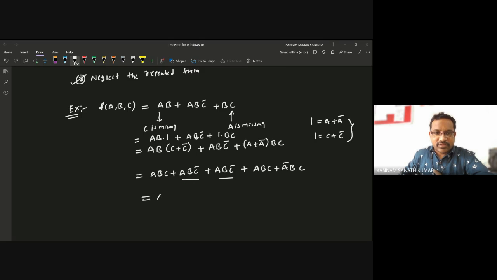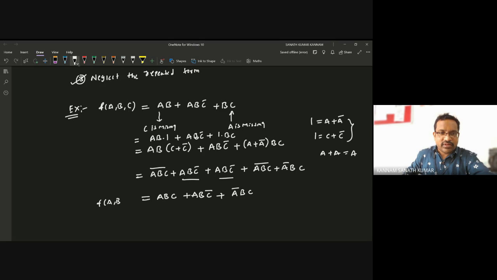This means here you are getting ABC plus ABC bar once, because from Boolean algebra, A plus A equals A. Again, ABC and ABC are both the same, so I write one ABC, then A bar BC. So this is nothing but F of ABC in sum of standard sum of product terms.